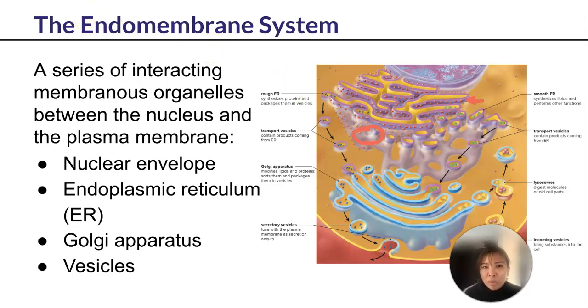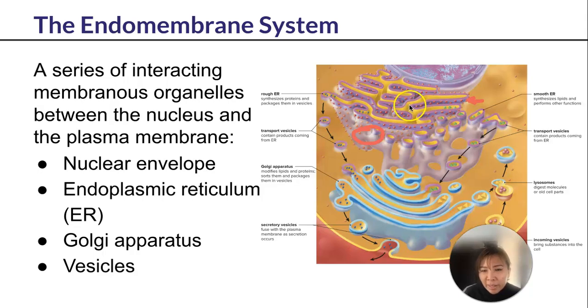Again, it also has a double membrane, and it's going to be linked between the rough endoplasmic reticulum and the Golgi apparatus. So coming back to the smooth ER, while the rough ER is synthesizing protein, the smooth ER is actually doing a lot of the lipid synthesis, and so we're able to form a lot of phospholipids within the Golgi apparatus.